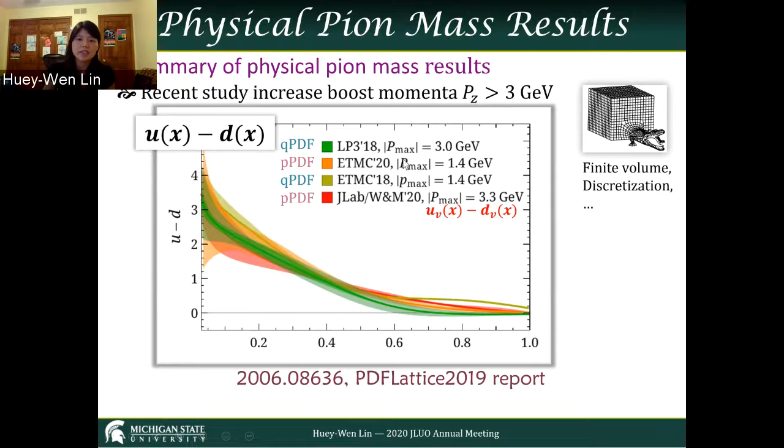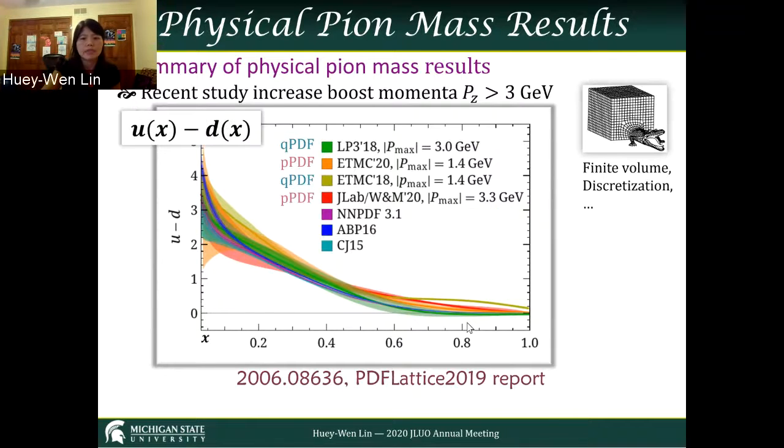Like I say, all of these are single lattice spacing calculations, and there is still some discretization systematic not covered, but the results are actually quite similar, considering other systematics still in play, and they have the right shape compared with the global fitting result.